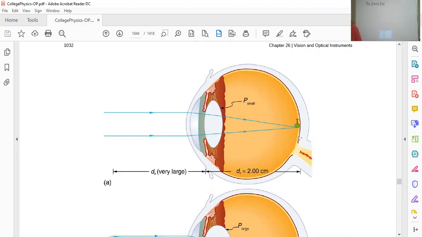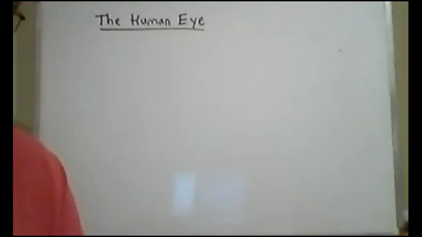It's much better to look at something such that your eye is in a totally relaxed position. And so that's why scientific instruments like microscopes and telescopes are designed for the totally relaxed eye. All right, now let's remind ourselves what I just said.